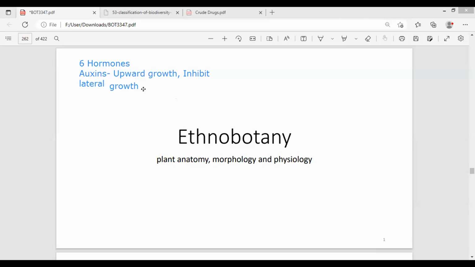Secondly, we mentioned the opposite of auxins was the cytokinins, right? Cytokinins were promoting lateral growth, and number 2, we saw that they delay aging.